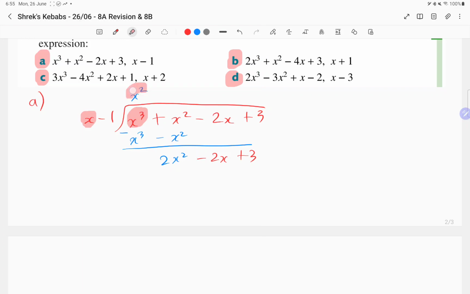And you find the term that will make this leading term the same as that leading term. Right, I get that. I just don't know what to do after. After that, you gotta multiply the x squared down. You multiply this with each of this to get the expression here. And then what? And then you subtract them, like long division.